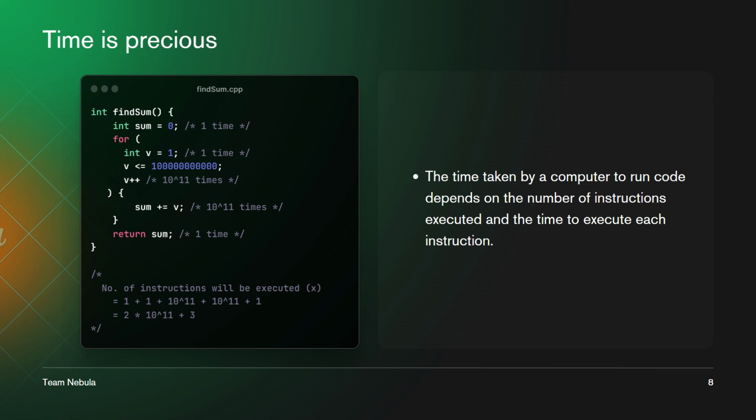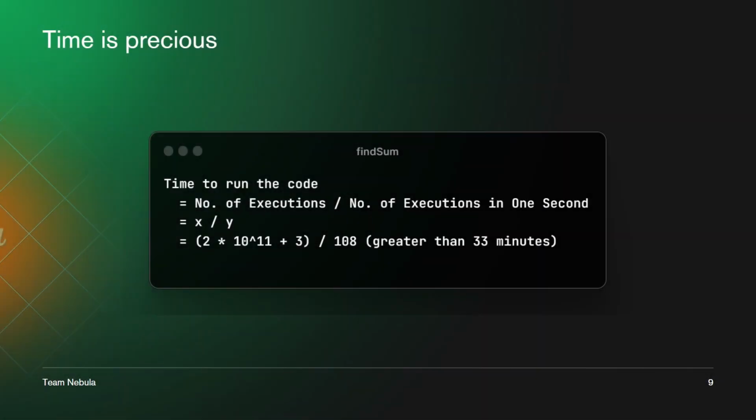In this case, the total number of instructions executed is 2 multiplied by 10 raised to the power of 11, plus 3. Now, assuming a computer can execute 10^8 instructions in 1 second, the time taken to run the code will be greater than 33 minutes. So, as you can see, Bob's algorithm is not optimized and it's taking more than 33 minutes to run.